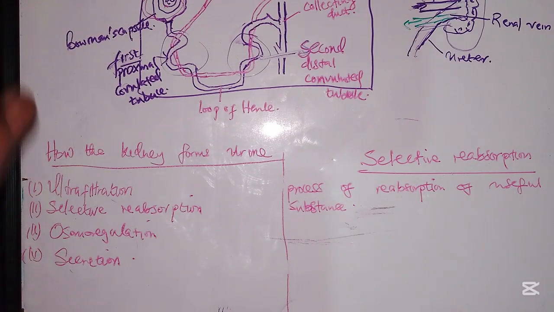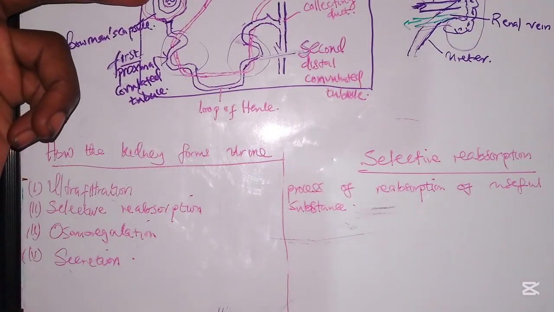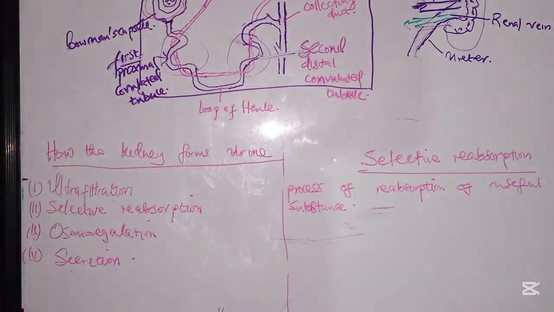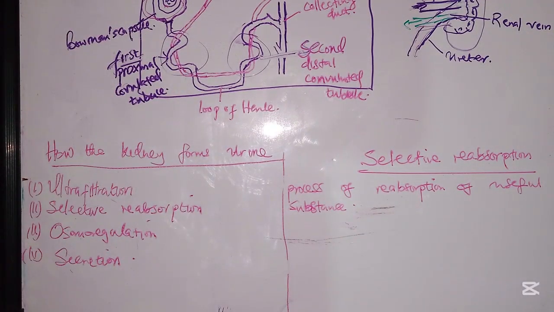So, since we said that ultrafiltration takes place in the Bowman's capsule, meaning selective reabsorption should take place in the convoluted part, because that's where the tubule is entangled with the blood vessels. Remember, these substances should go back into the blood circulation.